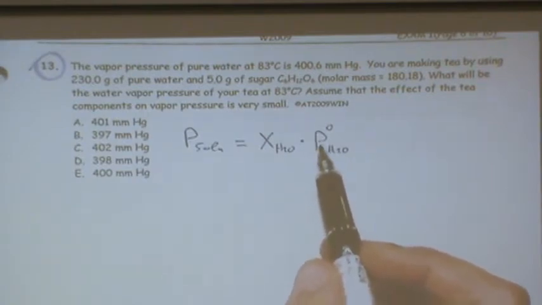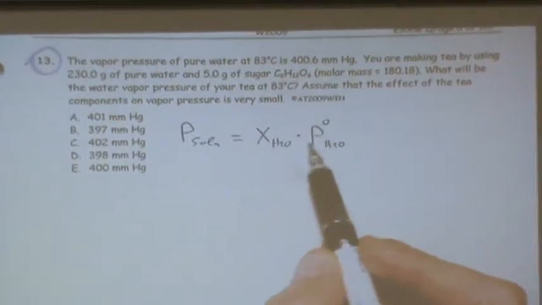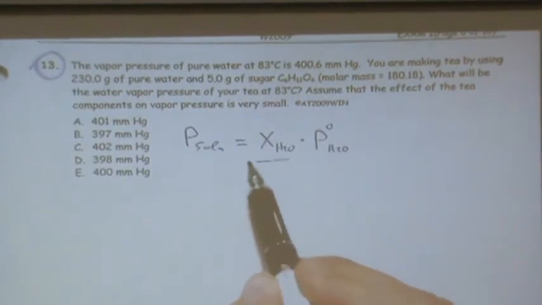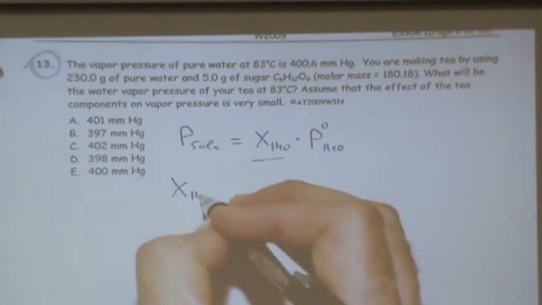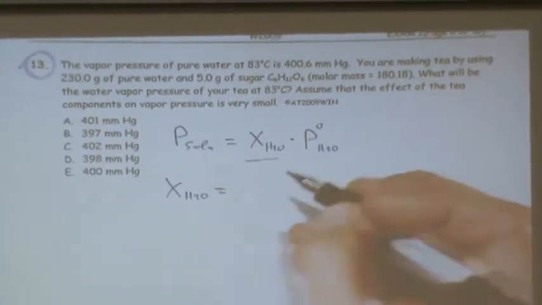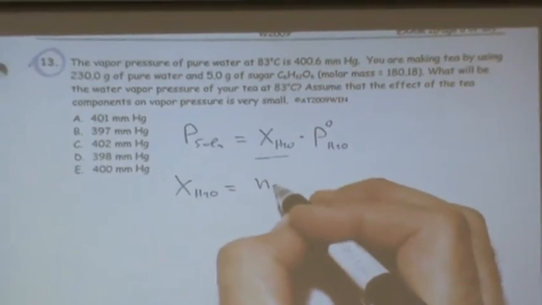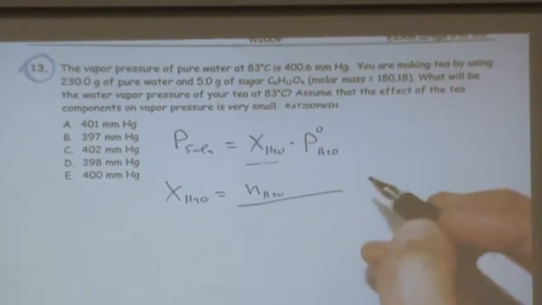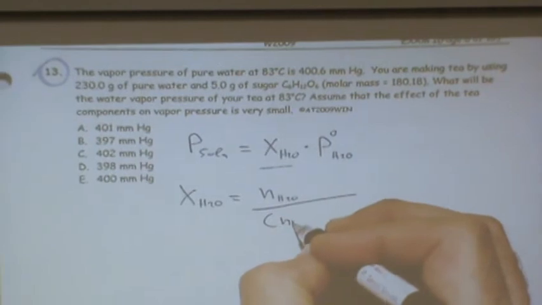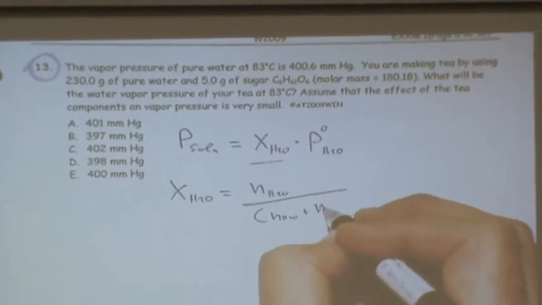It tells us the pure water. So we know this. The only thing we need to find out is really the mole fraction. Okay? And so by definition, mole fraction of water is equal to what? Moles of water divided by moles of water plus moles of sugar.